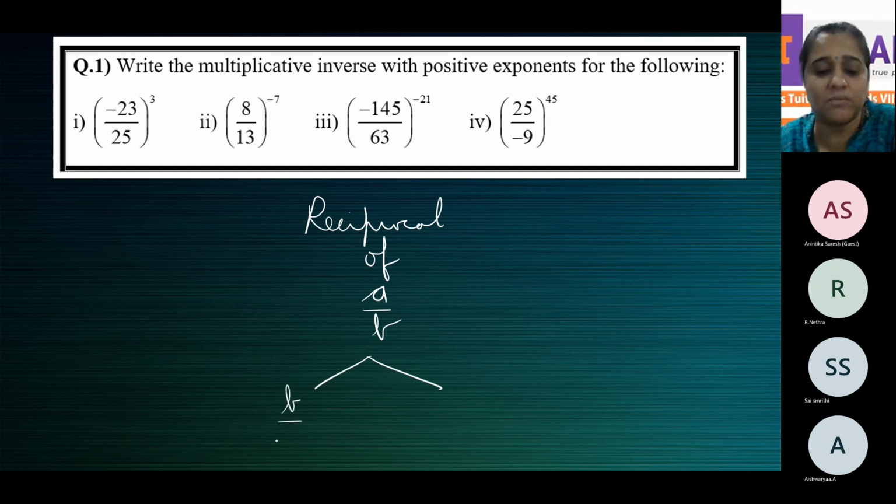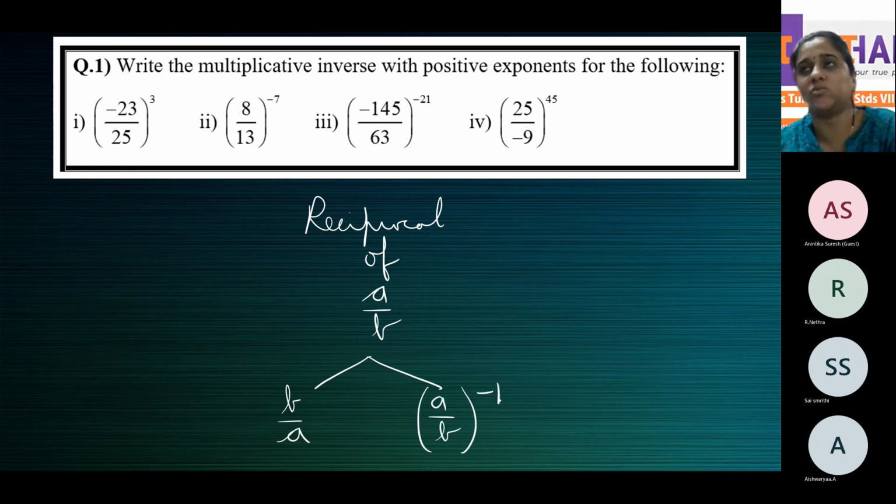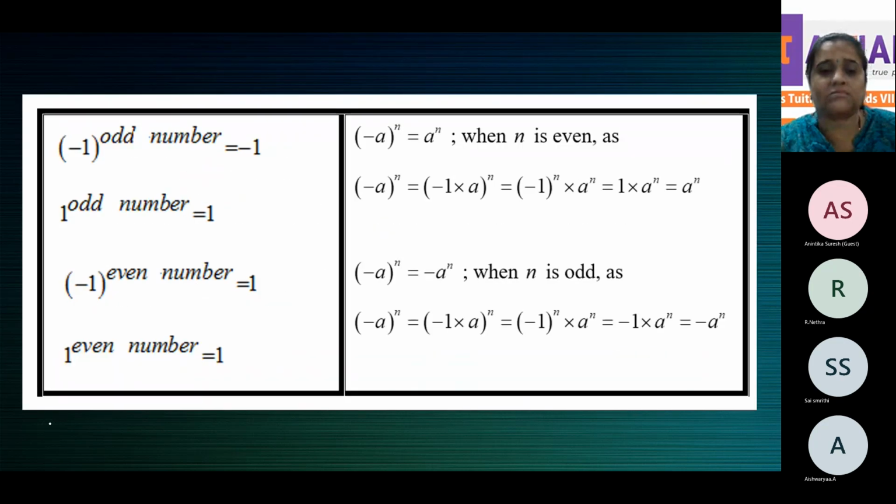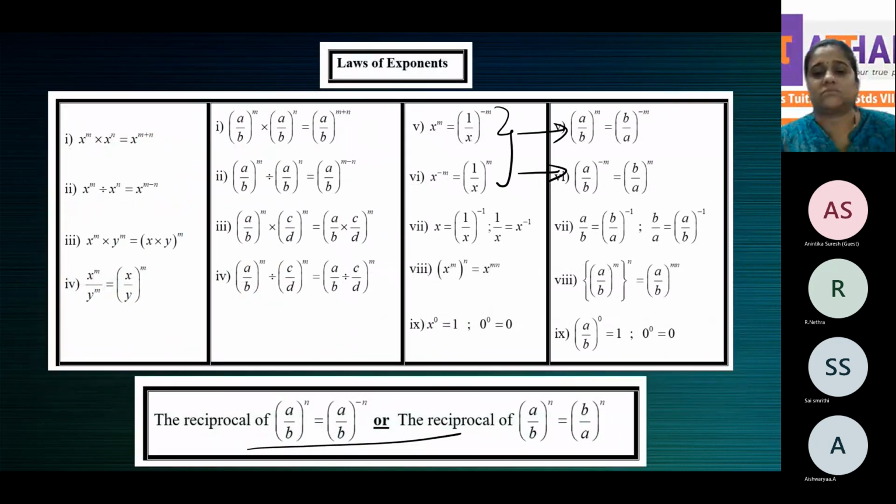Either take the reciprocal of the base and don't change the power 1, or write the base as it is and the power 1 will become minus 1. Yes, I'm sure all of you understood. Next one. So that's what you see here, children.